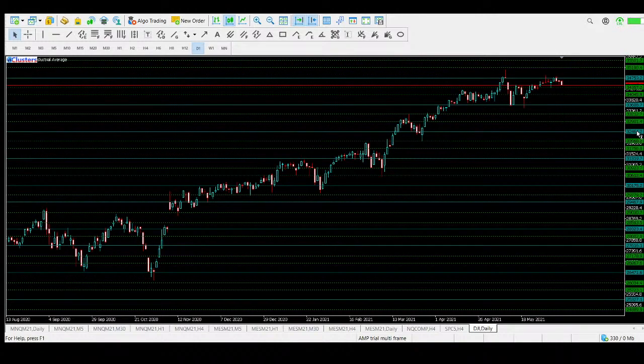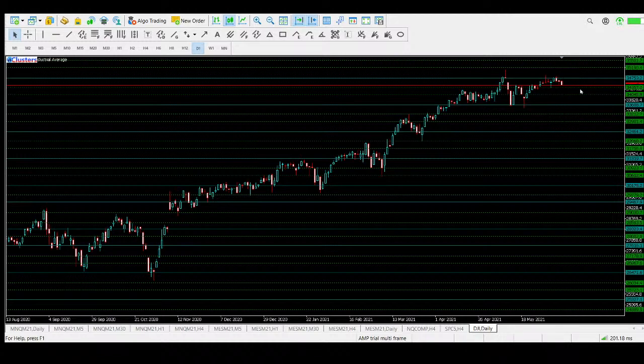The Dow Jones Industrial Average. This is the daily chart. 34,754 is the major level. You can see it tested up there, around here as well, and has failed to cross over.